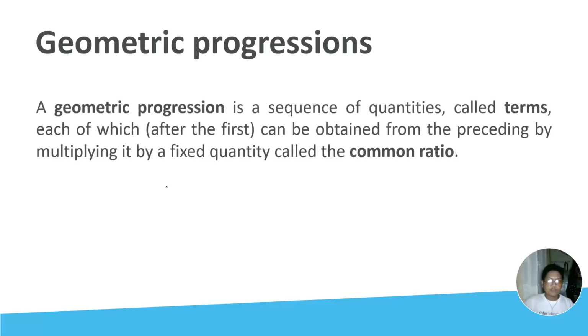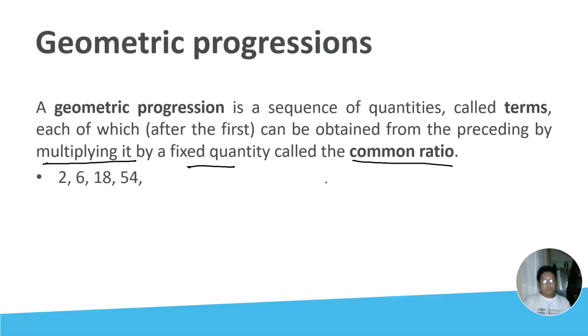For geometric progression, ito naman, ibang sequence naman ang meron sa progression na to. Sa geometric progression, the sequence of quantities called terms, each of which after the first can be obtained from the preceding by multiplying by a fixed quantity, which is called the common ratio.